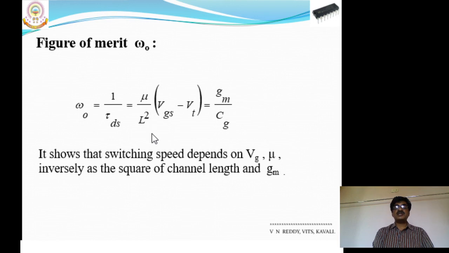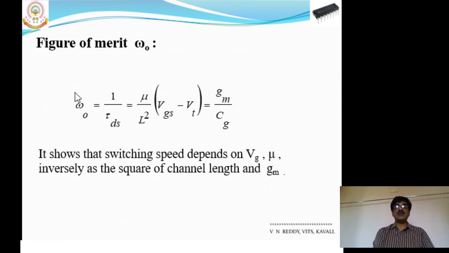But in the saturation region, VDS is equal to VGS minus VT, because the pinch off point starts at VDS equal to VGS minus VT. So you can write omega naught as mu of (VGS minus VT) divided by L square. You can convert the right side of the equation, using the gm equation, into gm by Cg.